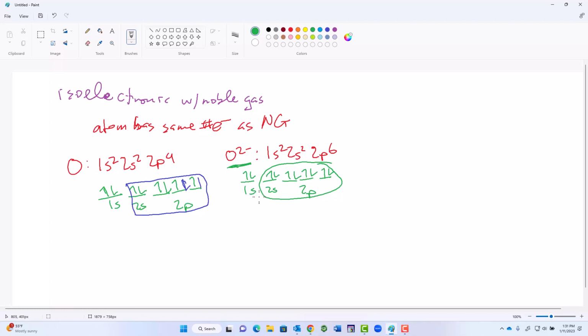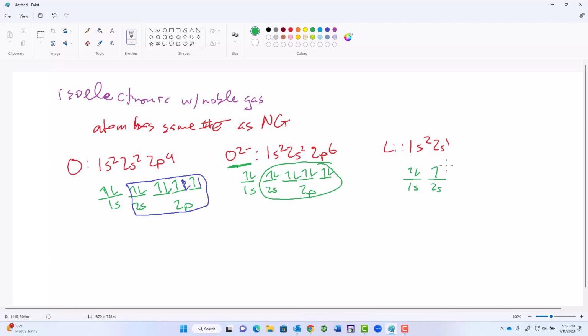This holds true for any of the nonmetals and the metals. For instance, if we were looking at lithium, the atomic configuration of lithium is 1s2, 2s1. So we would get an orbital diagram of 1s2 and 2s1.